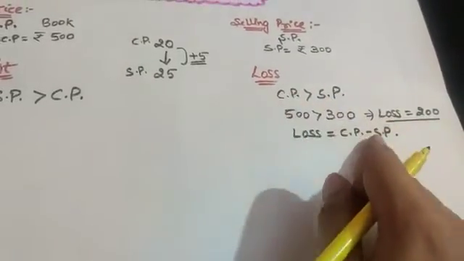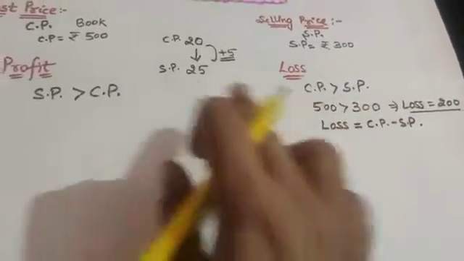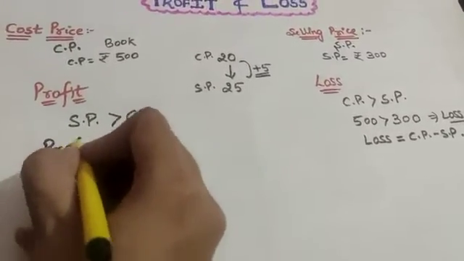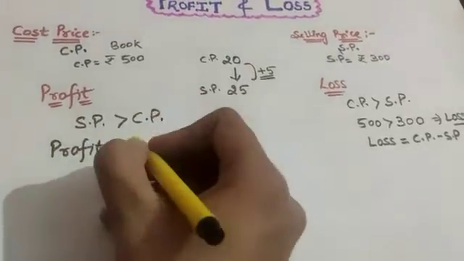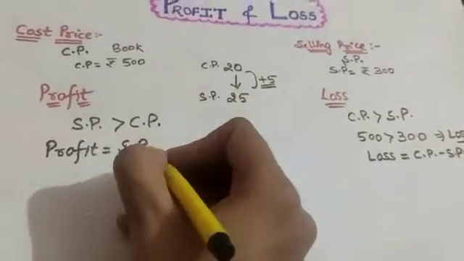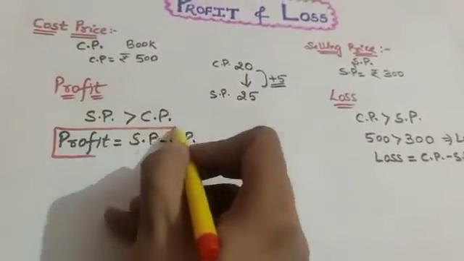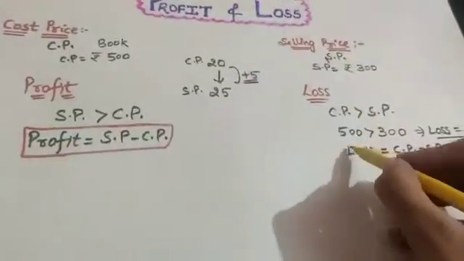If CP is greater than SP, then loss. If SP is greater than CP, then profit, and we will calculate profit as the difference of selling price minus cost price. So these two formulas are very important and very basic.